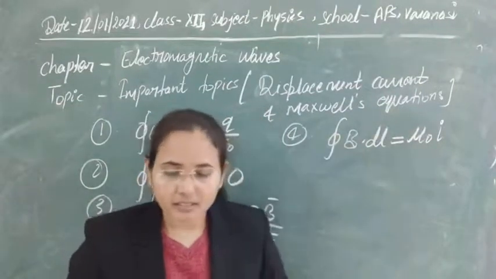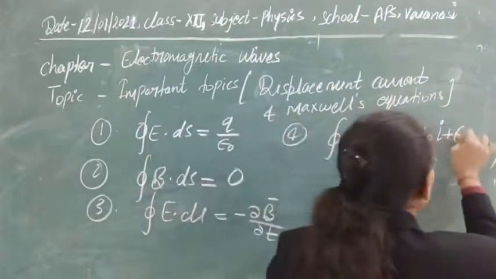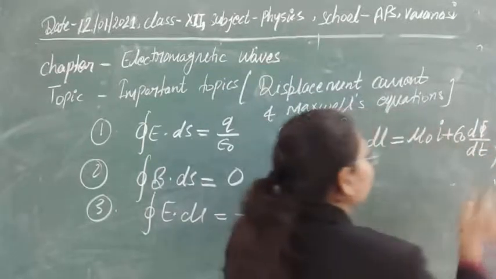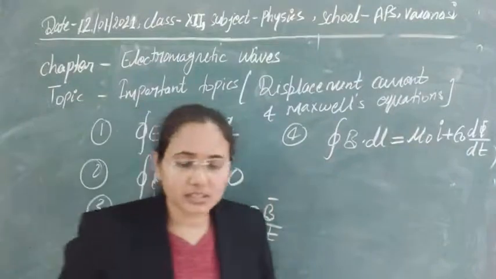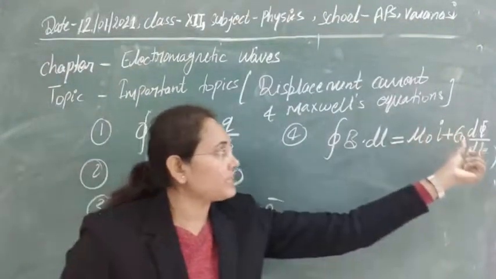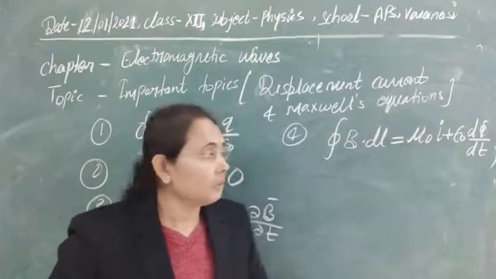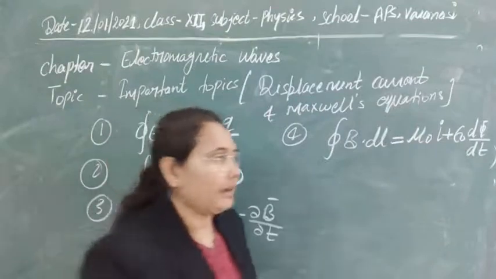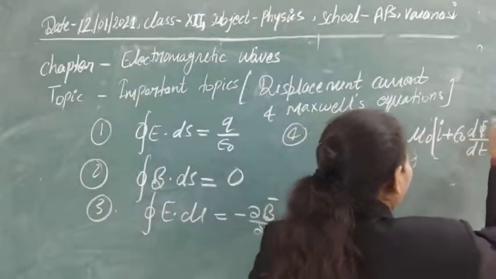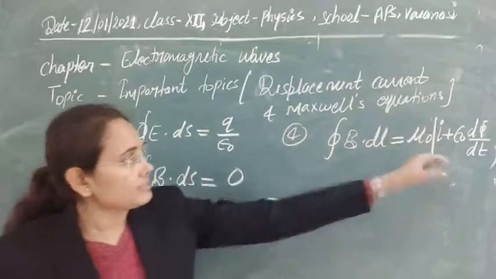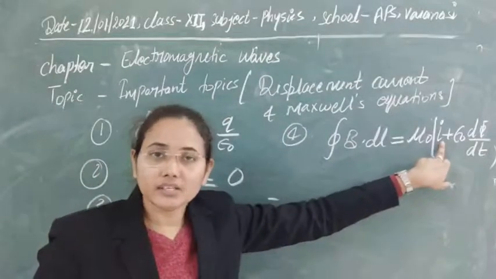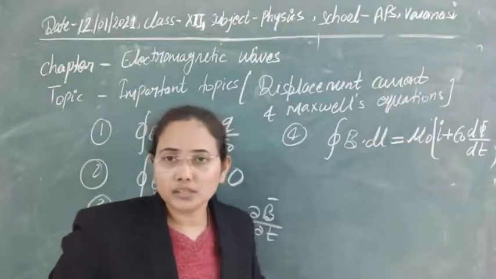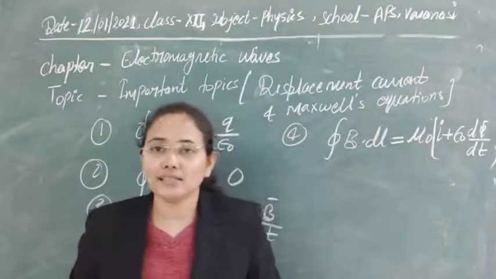After modification, a term is added here, that is dΦ_E by dt. This whole term is known as the displacement current, and mu 0 is taken as common. As I is a stationary, steady current, it does not change with time, but whenever it starts to change with time, it is known as displacement current.